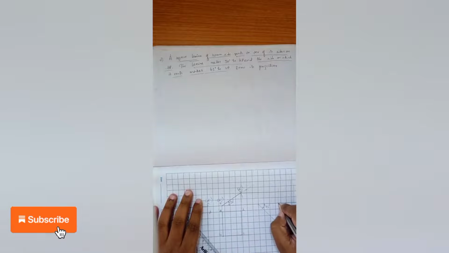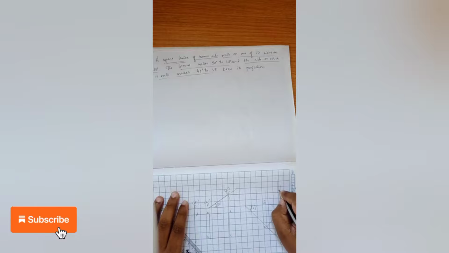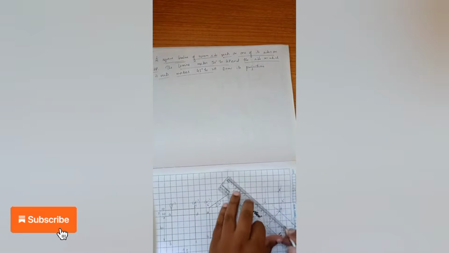Merging exactly here. This is A dash. Similarly we have B and B dash, these two are merging here. This is B dash. Similarly C and C dash merge here, C dash. Similarly D and D dash will be merging here, D dash. Now we have to complete the final position.